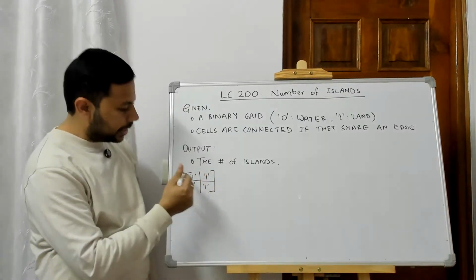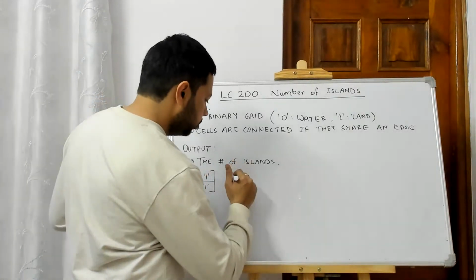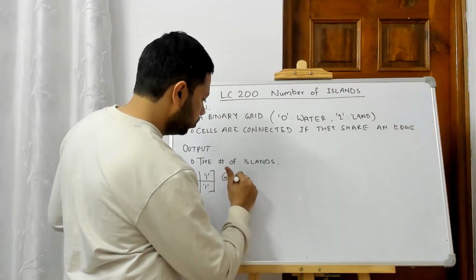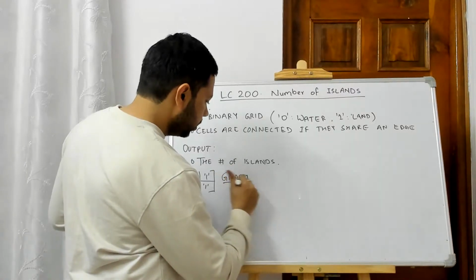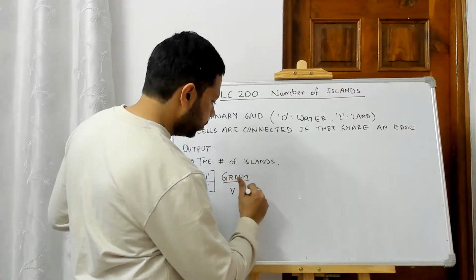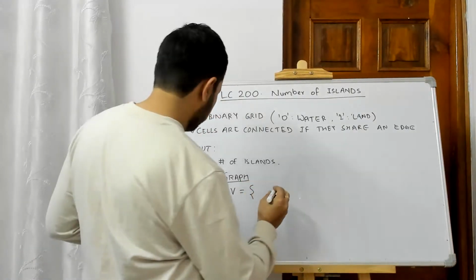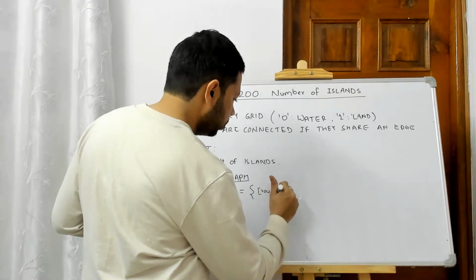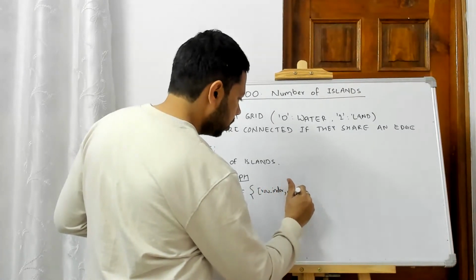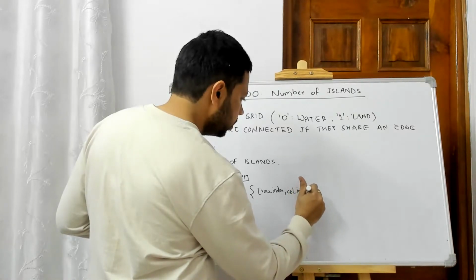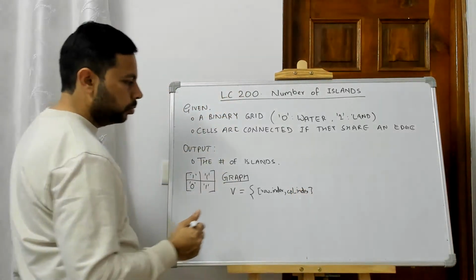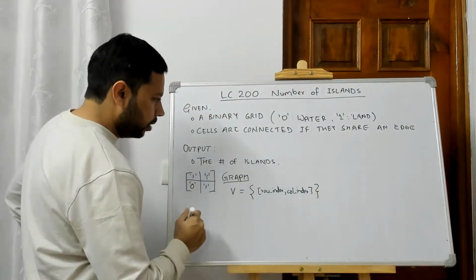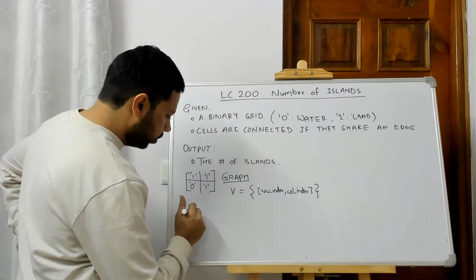I can think of each cell as a node. I'll write here graph. In this, a vertex is the row index comma column index. So that's your vertices. And what is an edge? So you will have 4 vertices.